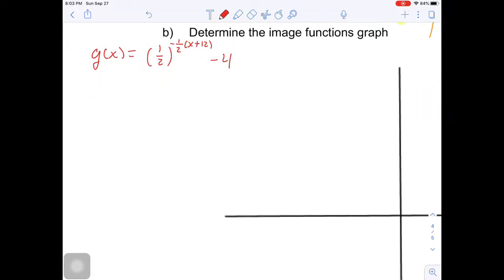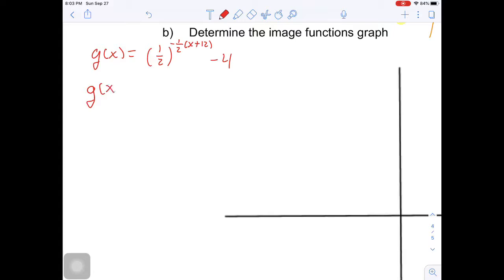Now I'm actually going to make my life a lot easier here, and this is something I suggest you do. If you ever have a horizontal reflection, aka a reflection in the y-axis, why don't you just apply that here and take the reciprocal?